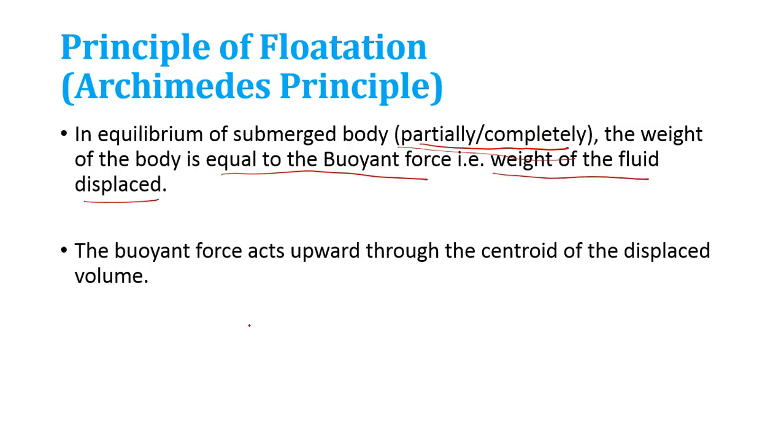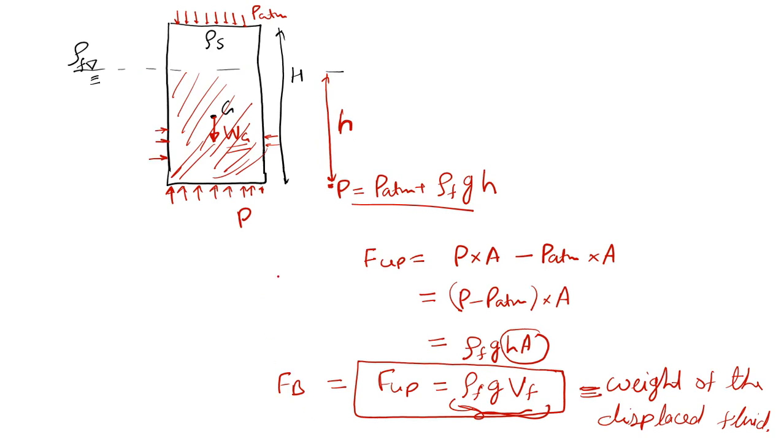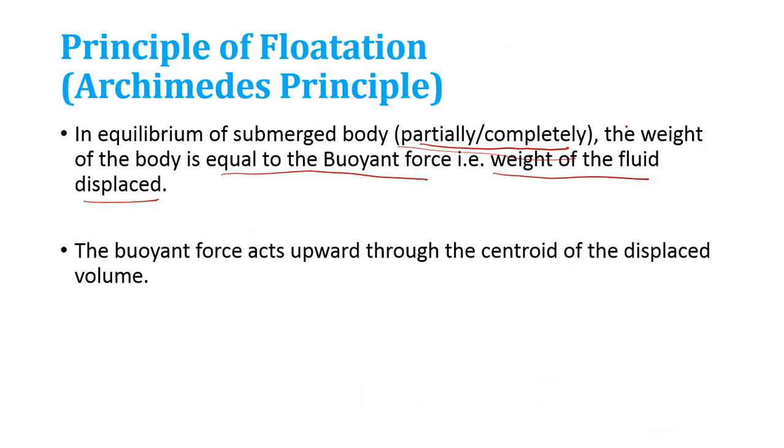If the submerged body is in equilibrium, as in the previous case that we have studied, it means the net upward force, which was the buoyancy force FB, will balance the weight. This is what the law of flotation, or Archimedes principle, says.